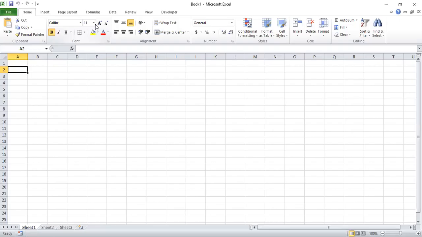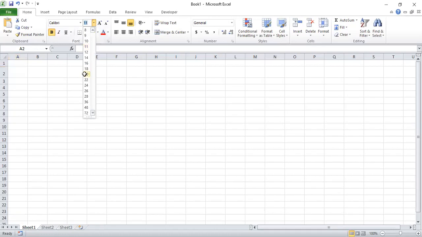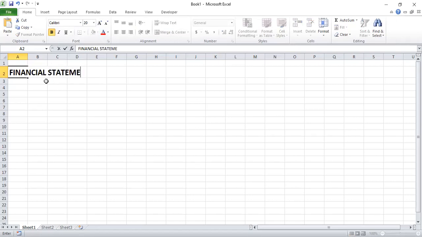Then we'll start on the statement of financial position. We're dealing with financial statements of a sole trader.